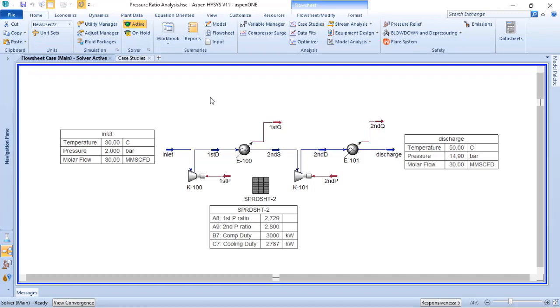And what Vijay says is that there is a combination of pressure ratio for the first stage plus the second stage where the energy consumption of the system is lower than if I use the same pressure ratio for both in this configuration. So based on that, what you need to do? You need to build a case study.